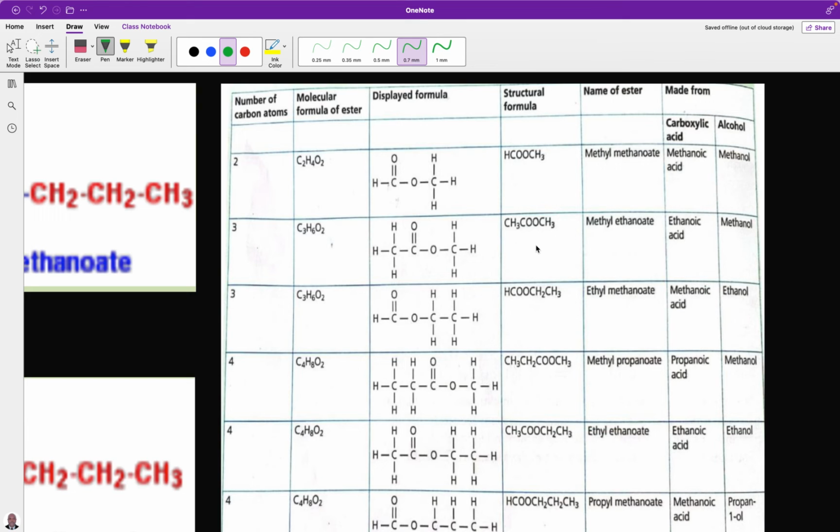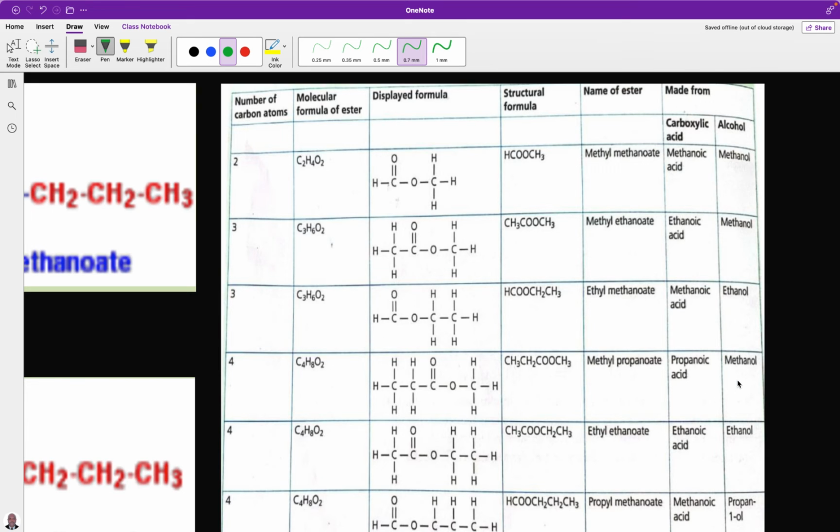This is the structural formula, the displayed formula, and the molecular formula of the ester. Now, when ethanol reacts with methanoic acid, we have ethyl methanoate. This is the structural formula, displayed formula, and molecular formula.